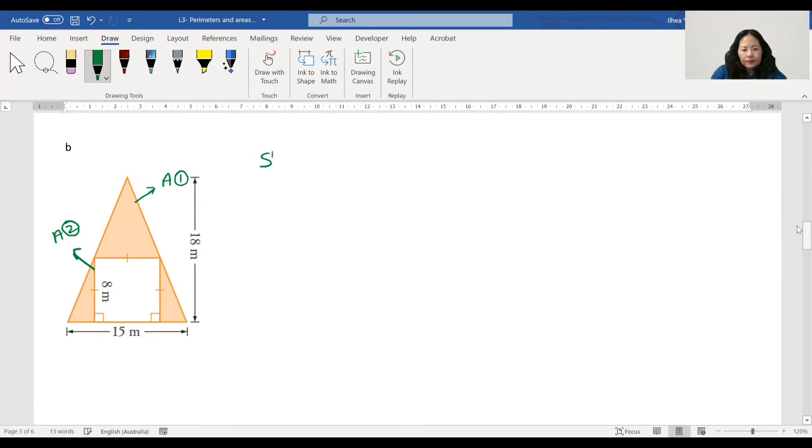Shaded area, which is a composite area, equals, we need to get area 1 take away area 2, okay? Because this part is a little like a big hole in it, okay?